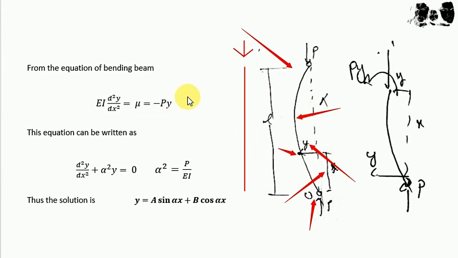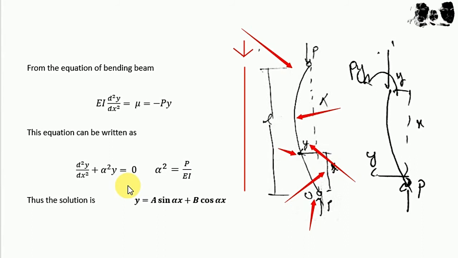That's why the moment is minus Py, and the equation is finally written as d2y upon dx2 plus alpha square y is equal to 0, where we divided the whole equation by EI, so the EI cancels out, and minus Py when it comes to this side becomes plus P upon EI into y, where P upon EI is assumed as alpha square. What is the reason to assume it as alpha square?